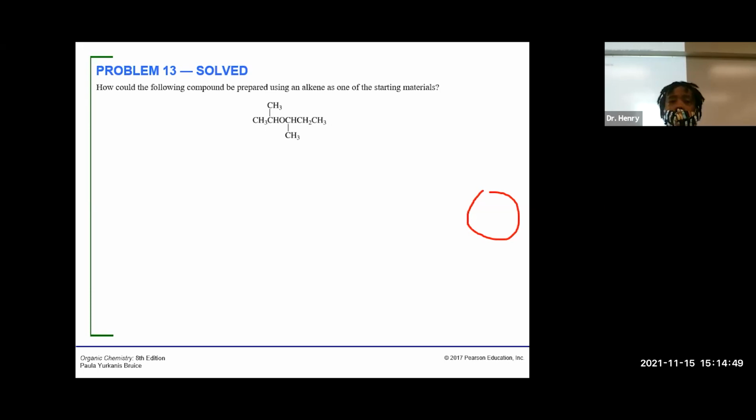The alkene that we can use. What was that?